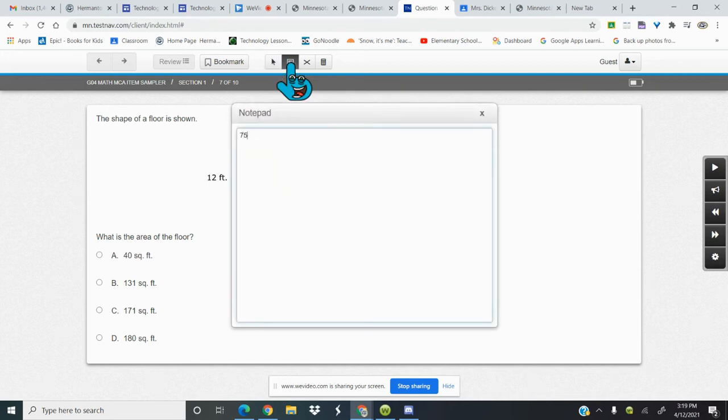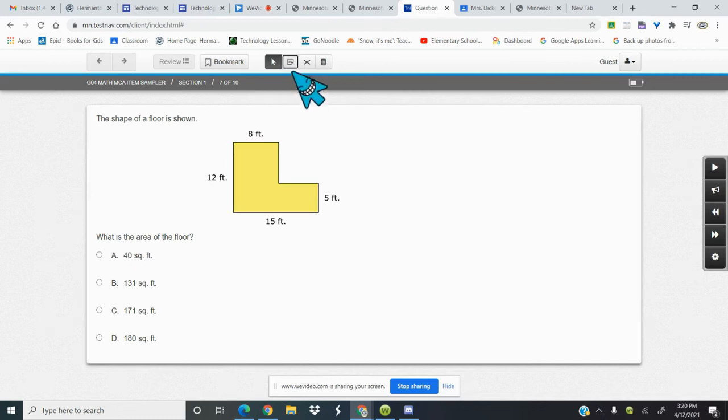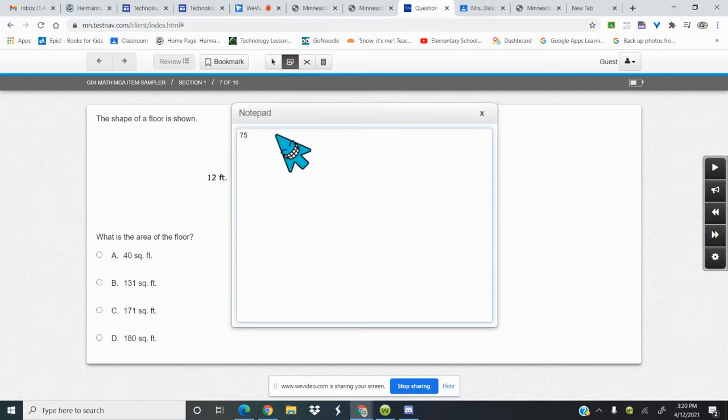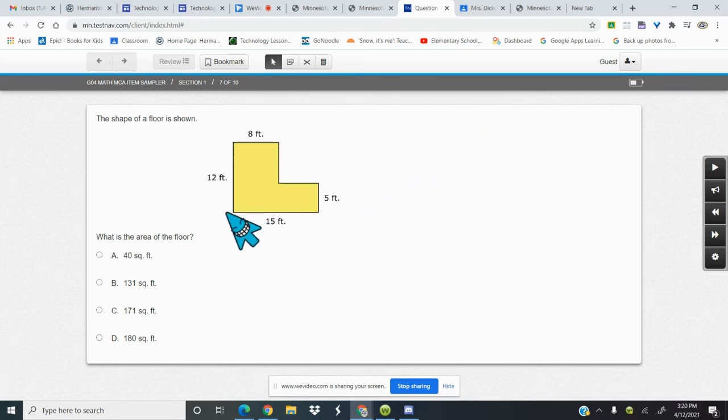Okay, and I'm going to add the next number to the 75. So I found the area out. Let's see here. Hold on. There we go. See if I can put my plus sign here. 75 plus. To find area, you're going to multiply. So I'm finding the area of this part of the shape right here.